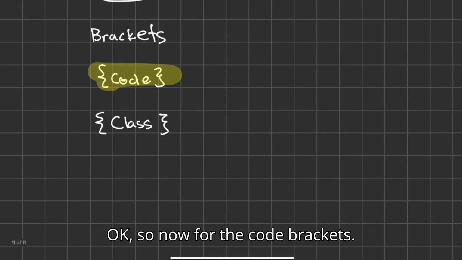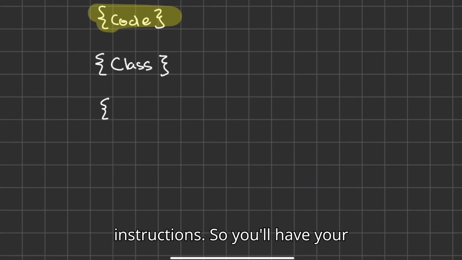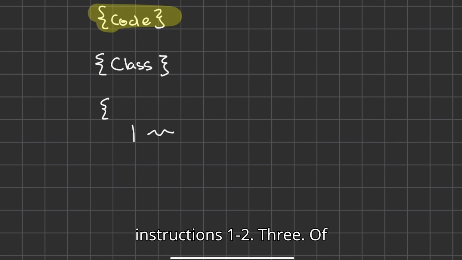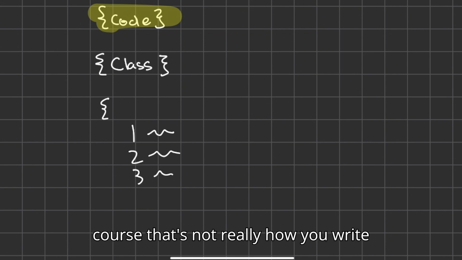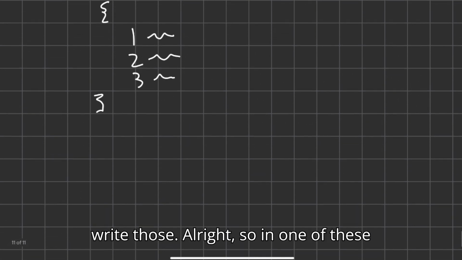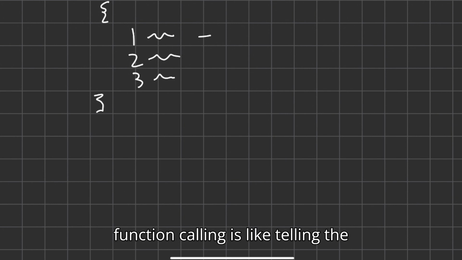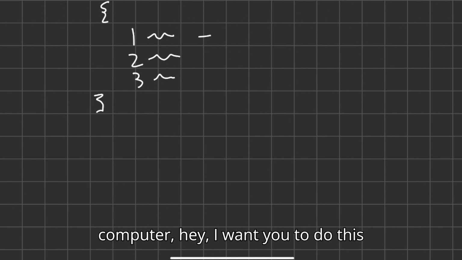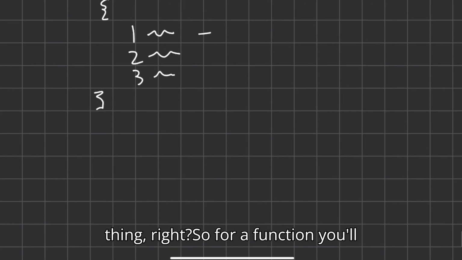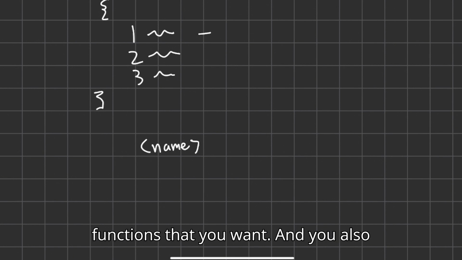Okay, so now for the code brackets. In the code brackets, you'll put your instructions. So you'll have your instructions 1, 2, 3. Of course, that's not really how you write it. All right, this is how to write those. In one of these, you'll have a function calling. A function calling is telling the computer, hey, I want you to do this thing, right? So for a function, you'll have the name of the function, and I'll give you some examples of names of functions that you want.